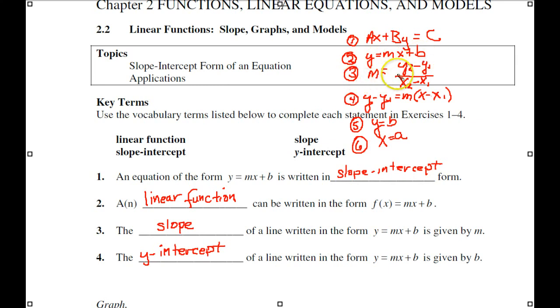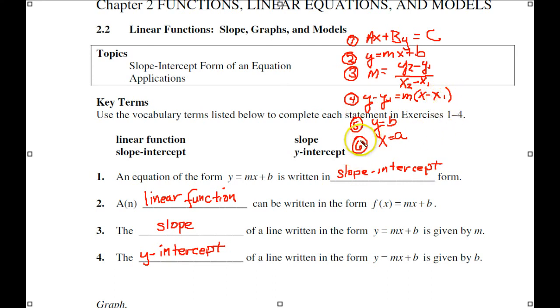3 is the formula for slope, and we'll be going over that a little later in this lesson. And then in a future lesson, we'll use equation 4, which is called the point-slope form. And that's y minus y sub 1 equals m, and then in parentheses, x minus x sub 1.